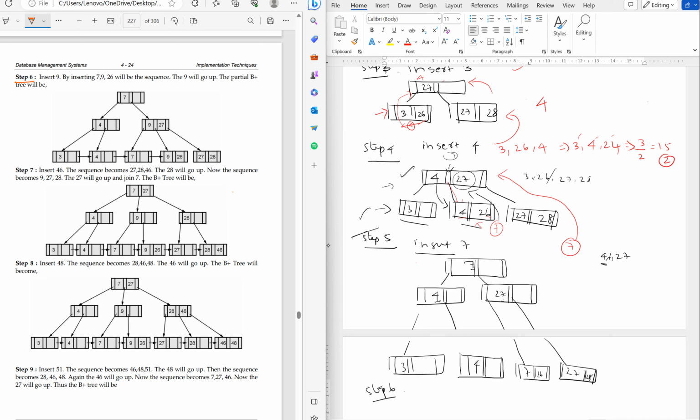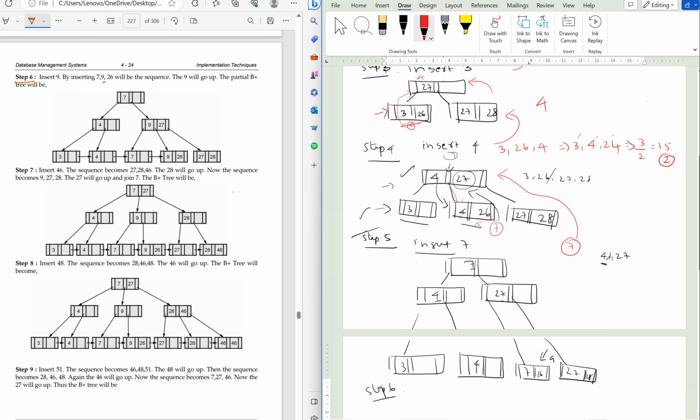Again, we have to insert a value. Sorry, 9. We have to insert the value 9. The same thing happens here. Nine has to be inserted here.